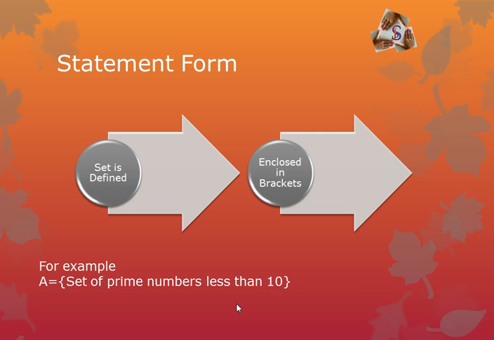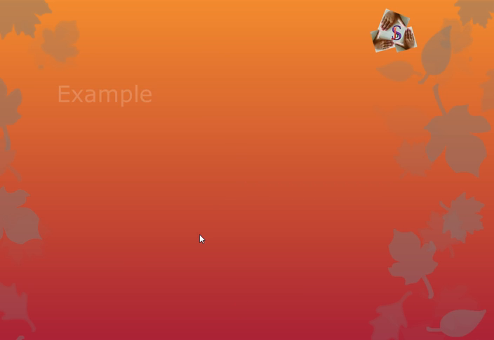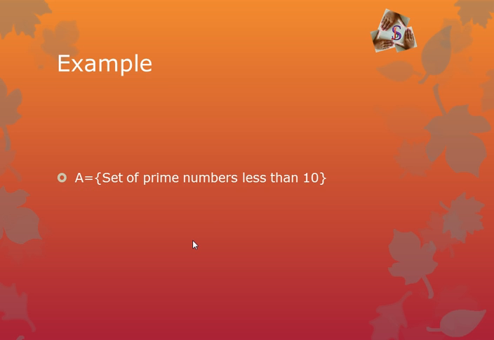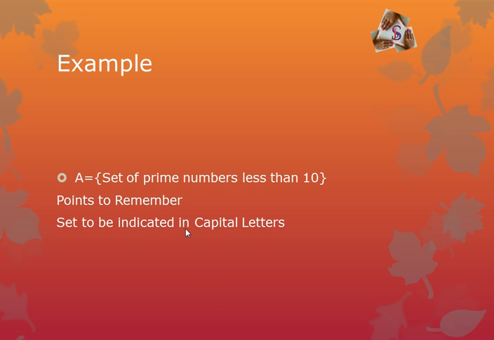Now, what are the points that we need to remember while representing them in statement form? First point, it always needs to be indicated in capital letters. Now, what do I mean by this? Set A is set of prime numbers less than 10. So, I have written set A in capital form.